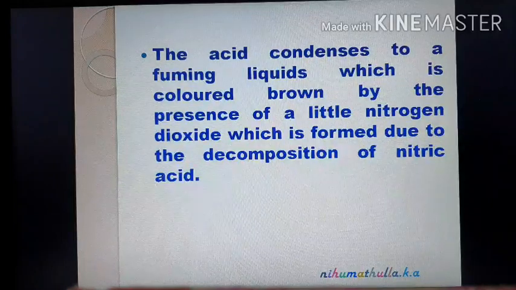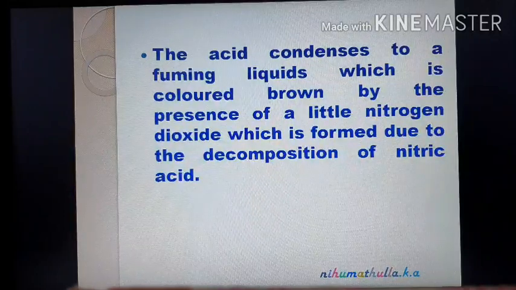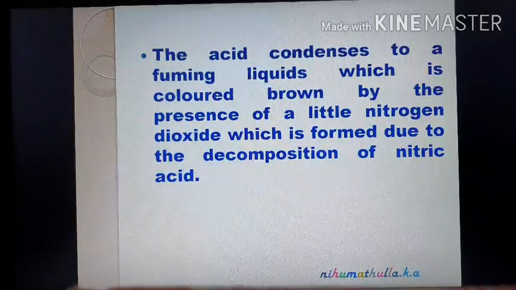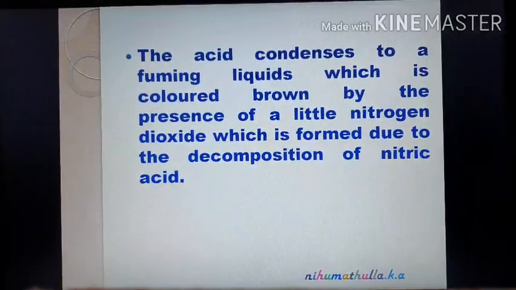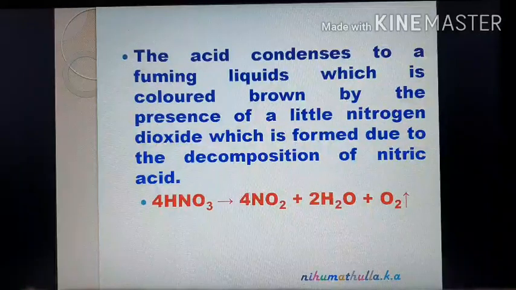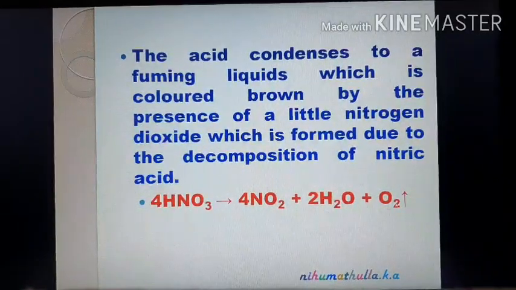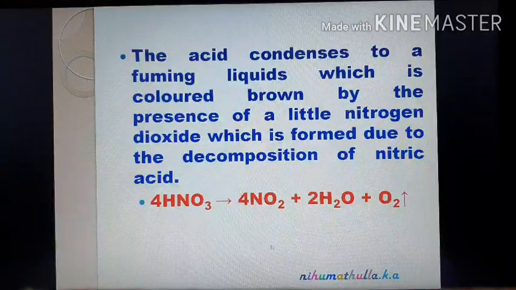So nitric acid undergoes decomposition and produces nitrogen dioxide, and due to the nitrogen dioxide, the color of the fume is brown. Now HNO3 undergoes decomposition to give nitrogen dioxide, 2H2O and 1O2. We will explain how these reactions take place.